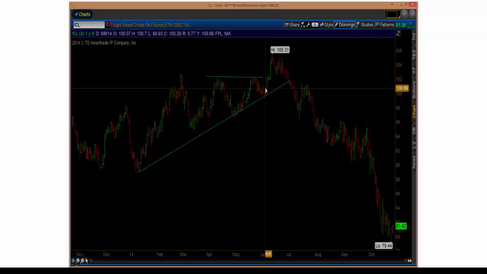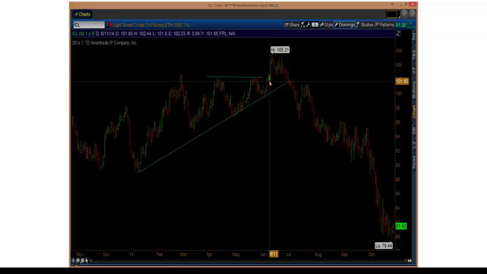Enjoyed a nice ride right up to this little congestion area, not much of one as you can see. It's only 2 days here, but it's a continuation triangle of 2 days. Now, it's too small to be really significant in terms of these sorts of patterns, but I still pay attention to them in case they act out, and in this case, it did act out. So I'm just going to go ahead and put that line up there real quick.